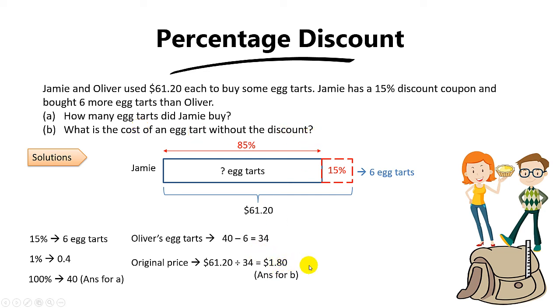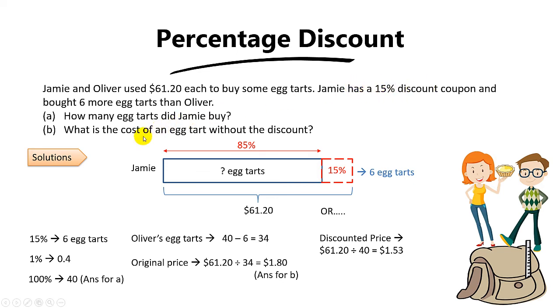What is the other method? The other method is slightly longer. You find the discounted price, which is you take the amount that Jamie spent, divide by the total egg tarts that she bought. So this divided by this, you get $1.53. But remember, this price is after the 15% discount.